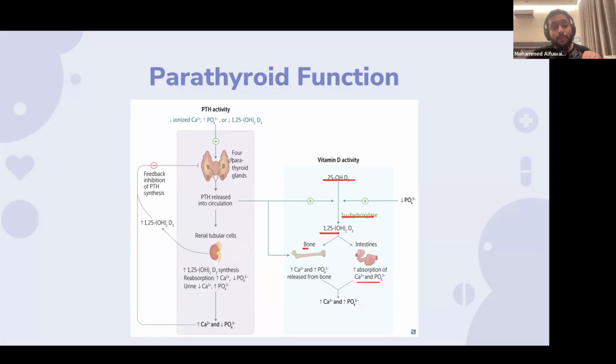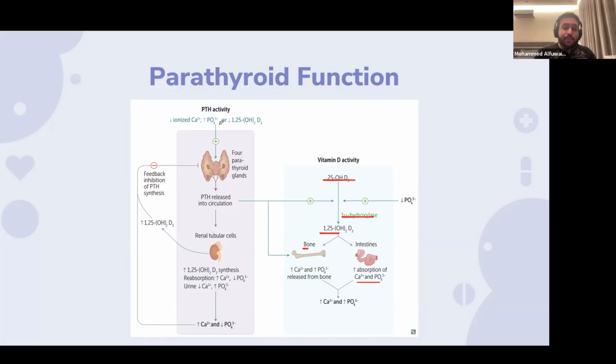Now, for patients with primary hyperparathyroidism, which is something in the parathyroid that's causing PTH secretion, what will the calcium levels be? Hyper or hypocalcemia? It will be hypercalcemia, okay?